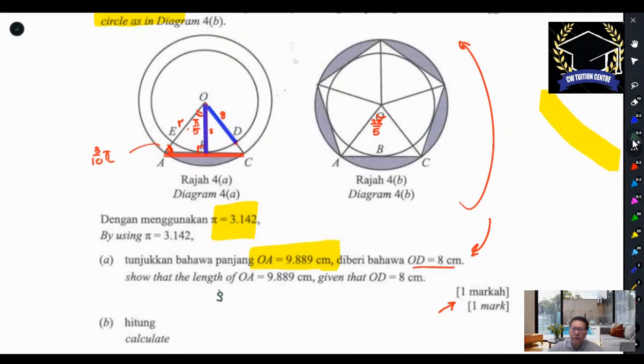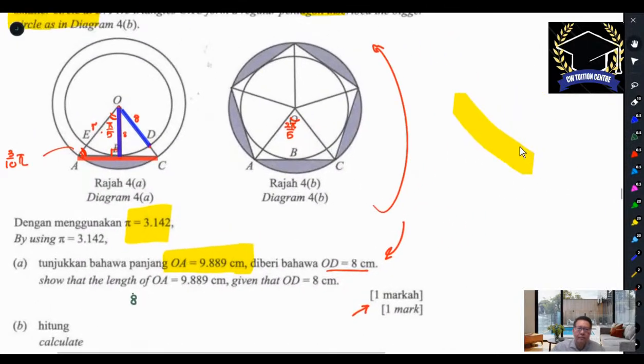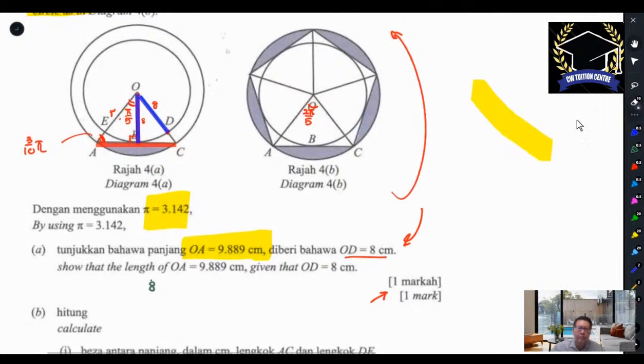I will be using this triangle. Where should I put it? Let me put it out a little bit. Okay, I'll do it here. I will extract this triangle out. This is 8. This is pi over 5. This is 90. This is R, which is OA.